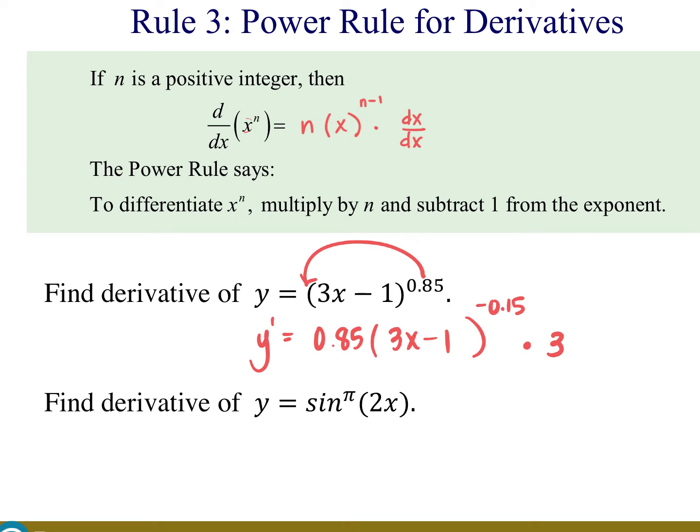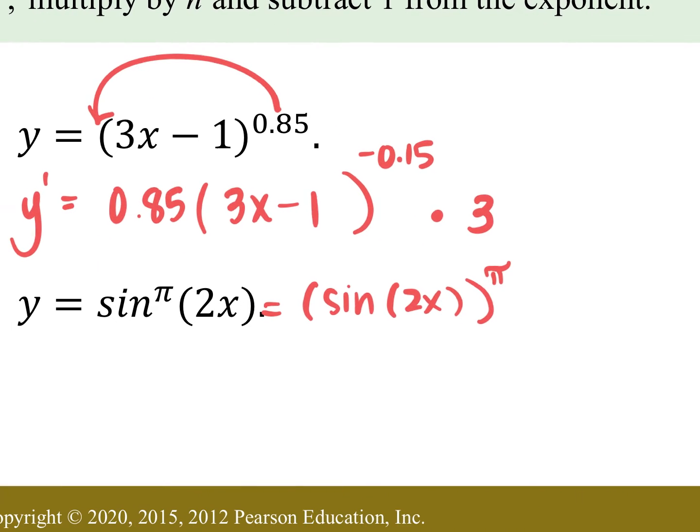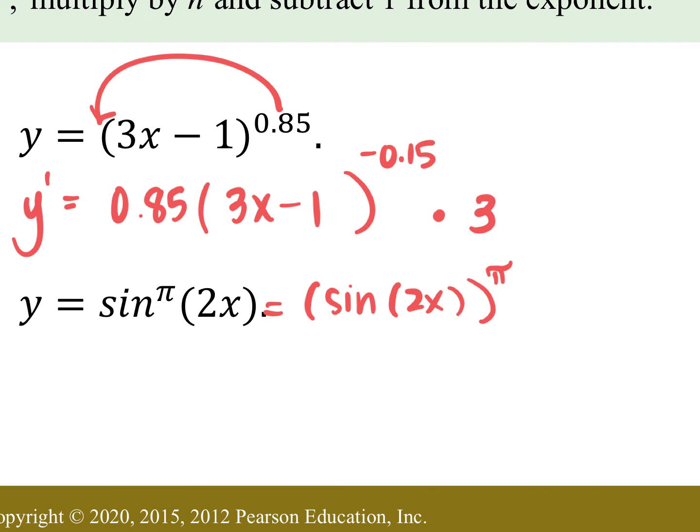Okay, in the second example, the variable is still part of the base because we understand that the implication here is that sine of 2x is inside a nested set of parentheses and pi is the power. So this is still considered a power function because the variable is part of that trapped base inside the parentheses.